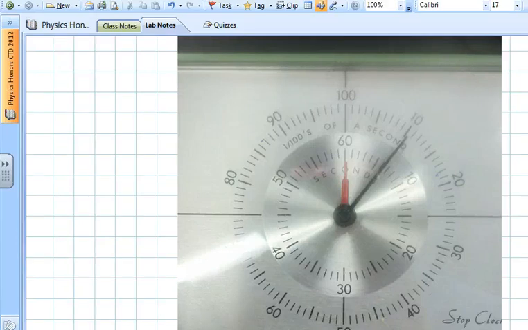So we talked about this in class, but you want to always try to estimate one digit. For example, on this stop clock you can see that it's measuring in 1/100th of a second. So that means that this 10 right here actually is 0.10 seconds.